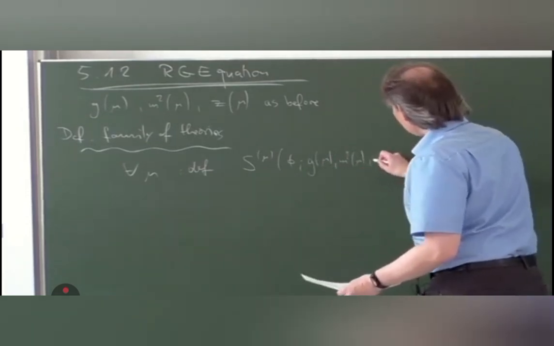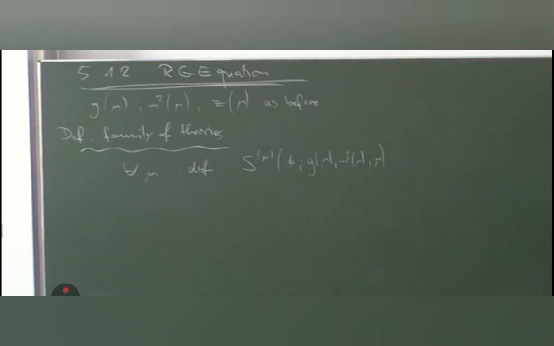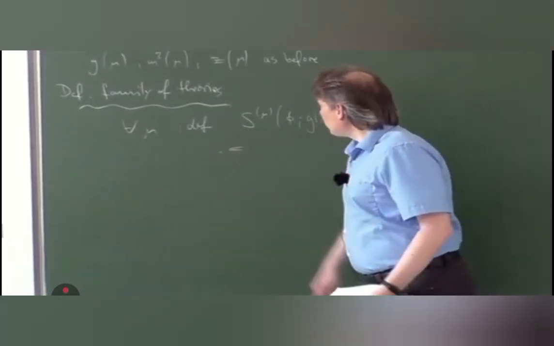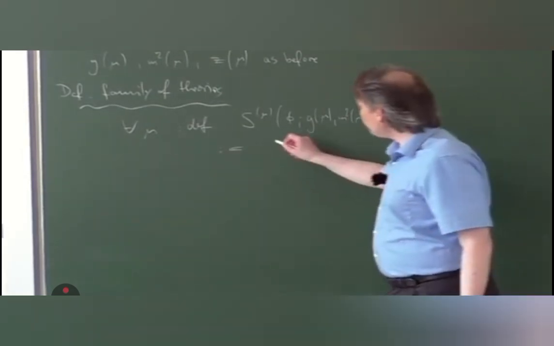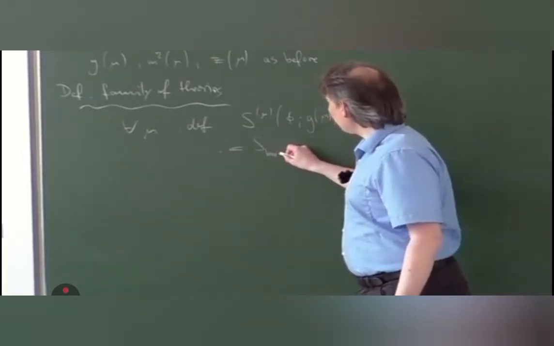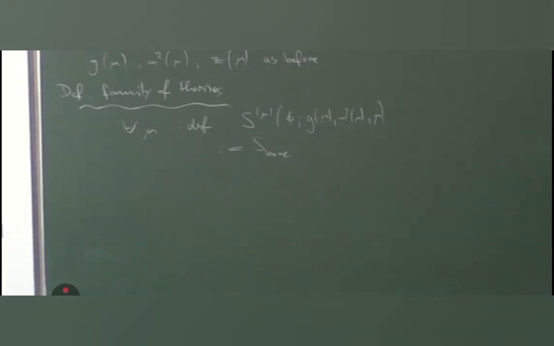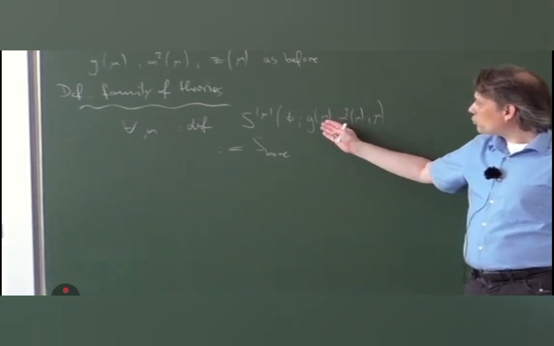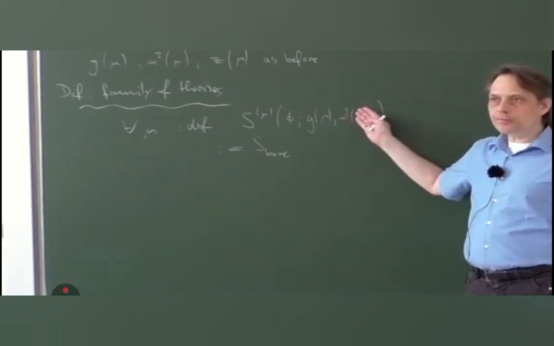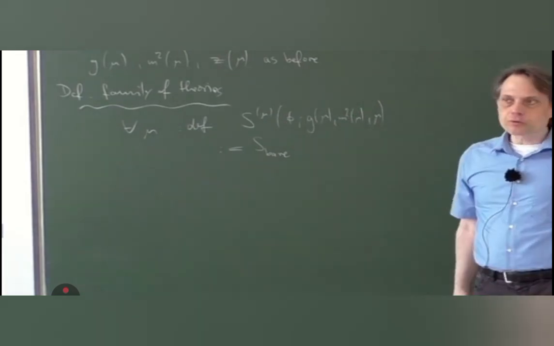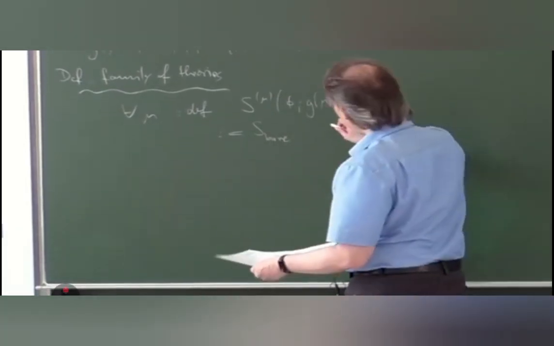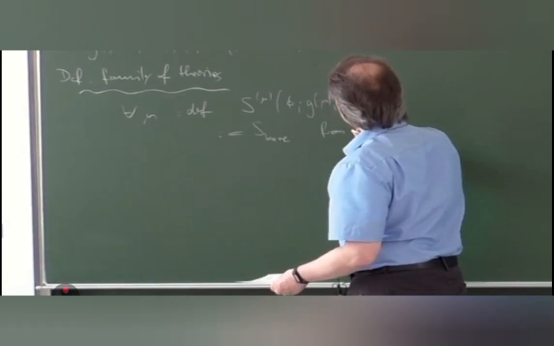And also it might depend explicitly on mu, and it is defined as the bare action from before. The bare action is actually mu independent, but nevertheless there is a relationship between these mu dependent g of mu, m squared of mu, and the action that depends on mu. But the values are then mu independent. So that is this S bare from before.